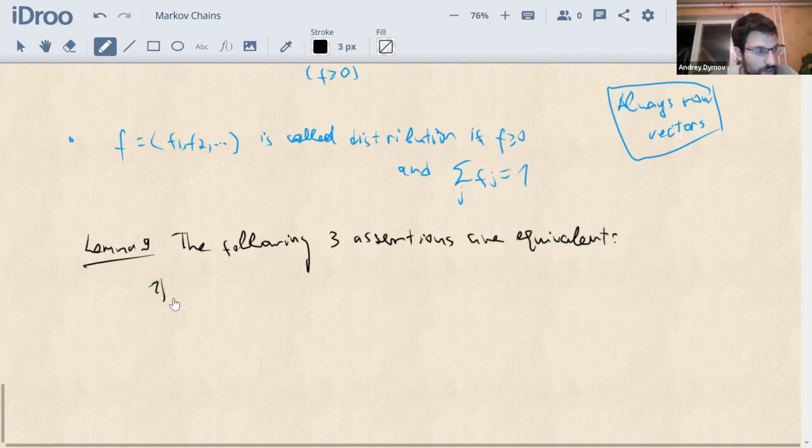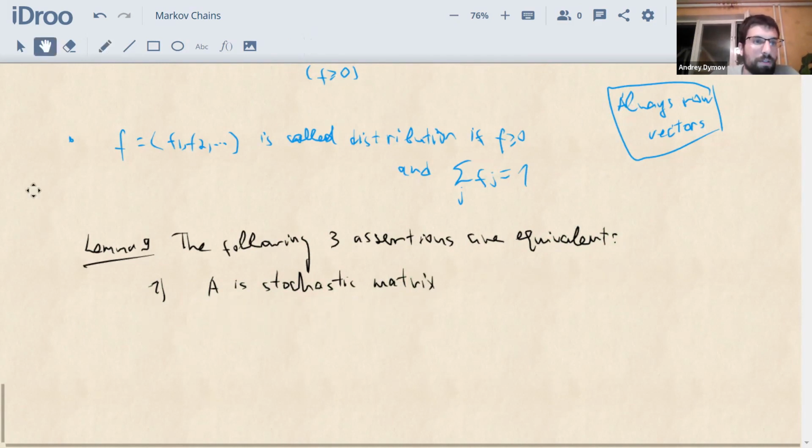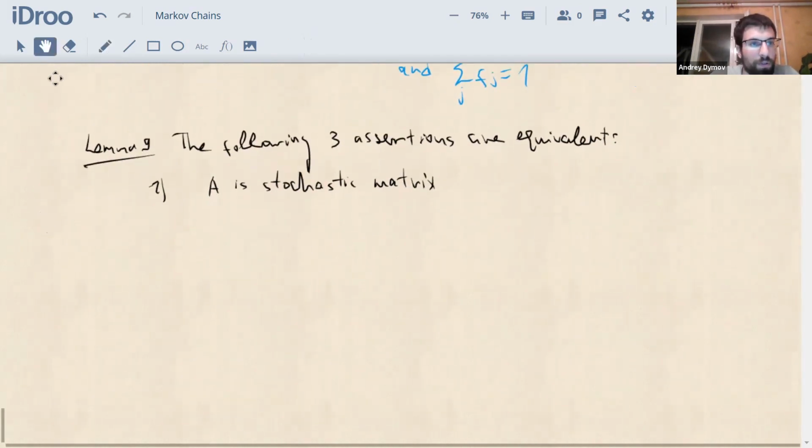So the first assertion is the following. A is a stochastic matrix. So the sum of its elements over each row equals 1, and all its elements are non-negative.